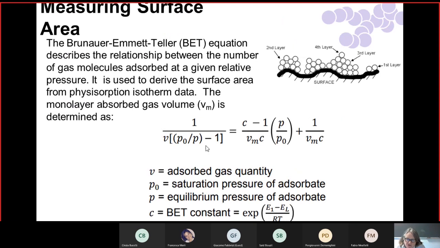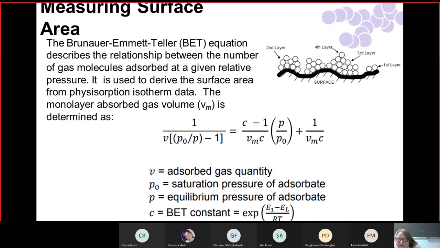So that's the adsorbed gas quantity from the isotherm. P0 is the saturation pressure of the adsorbate. P is the equilibrium pressure. That's the thing we measure. C is something called the BET constant. It's related to the heat of adsorption for the first layer and the heat of vaporization, as well as the gas constant and the temperature.